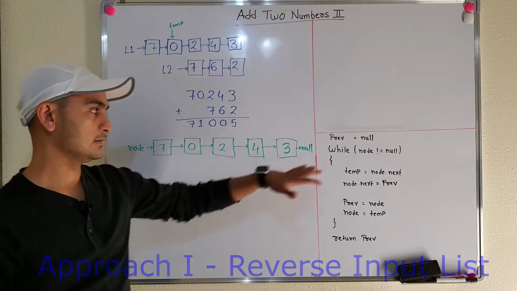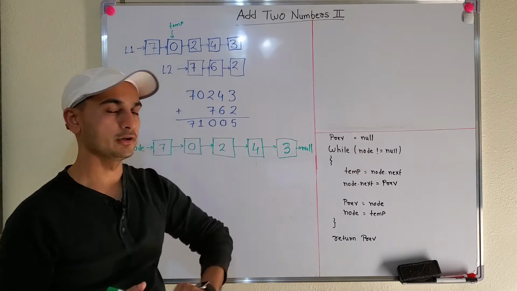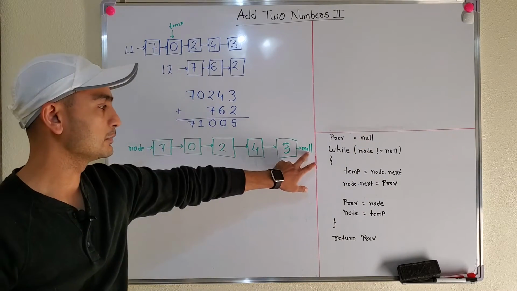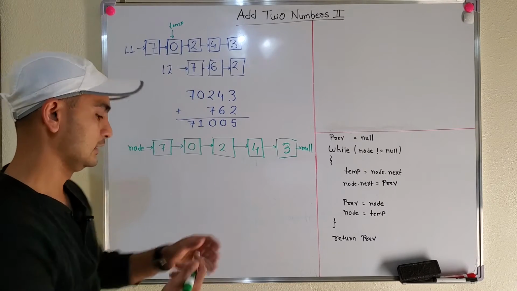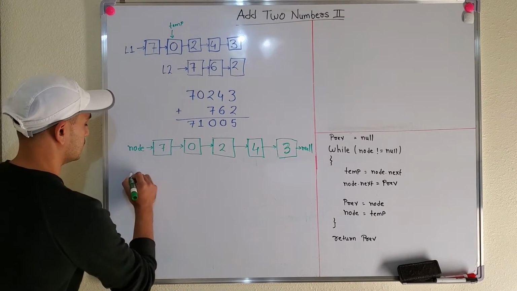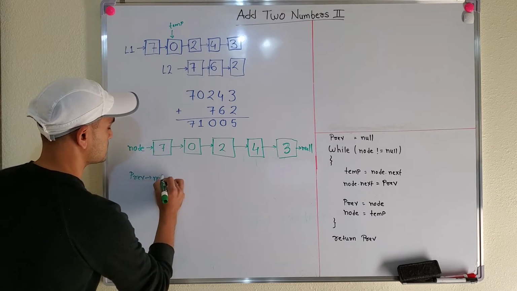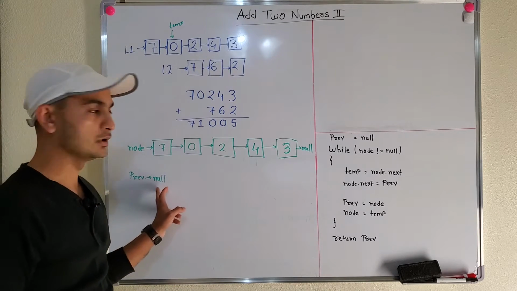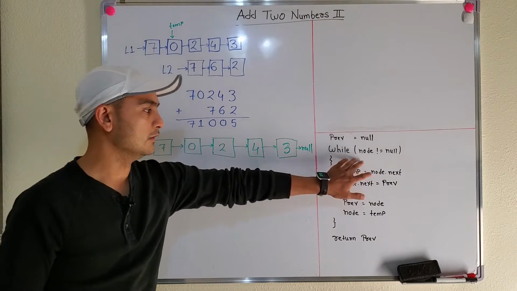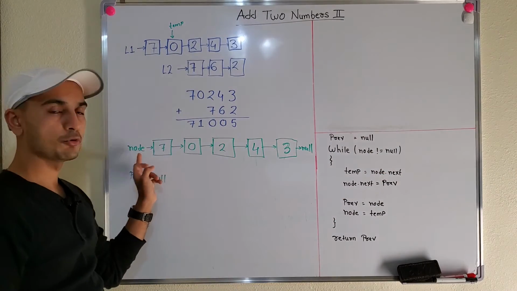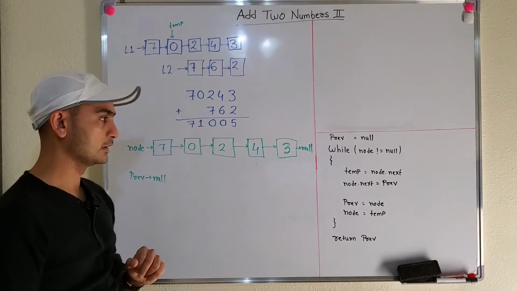Let's start with this previous pointer. I have a previous which is pointing to null. So my previous points to null, and then we have a while loop for the whole list. This is my node pointer pointing to head, so we'll start from here.